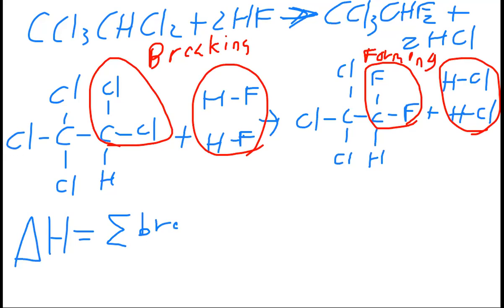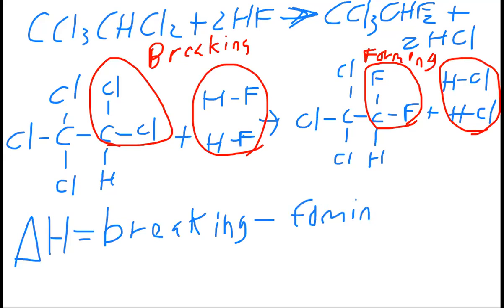Let's just get rid of the summation notation. So it equals the sum of the breaking minus the forming. This is delta H breaking minus delta H forming. That's what's happening. So what does that turn into?